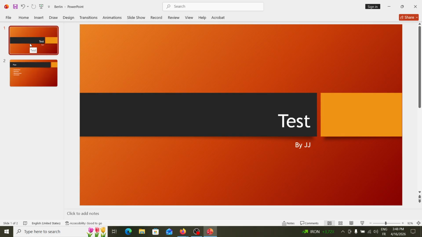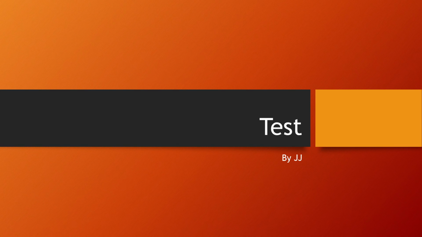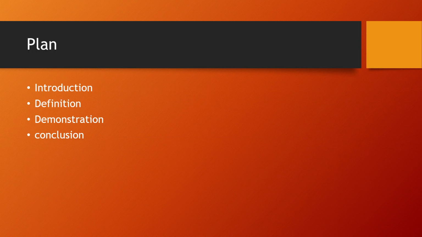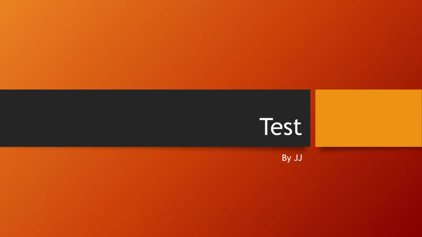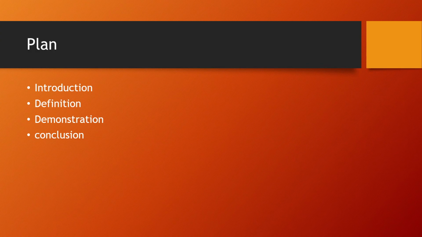Okay, but if we, for example, want to view the presentation as it is being presented, we just click on F5 on the keyboard and it goes full screen. Okay, now when it goes full screen, notice here we have the first slide and then the second slide.